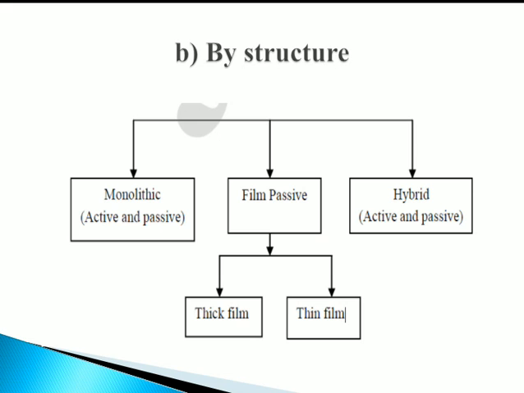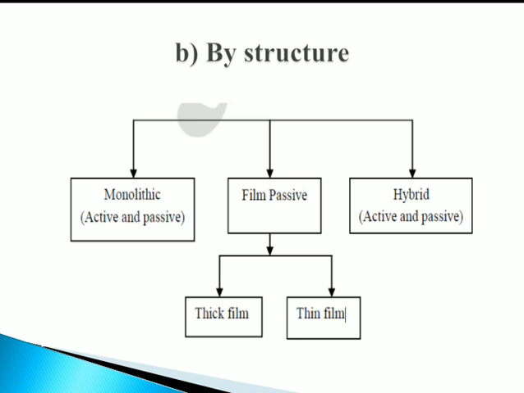The next one is thick and thin film, that is film passive. Here passive elements like resistors and capacitors are fabricated on thick and thin film ICs. But how can we differentiate? We can differentiate by the method of depositing the film. In thin film, the desired pattern will be deposited on the surface with the help of a substrate using a mask.